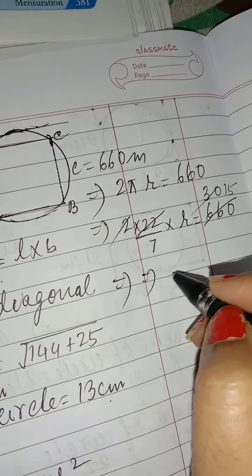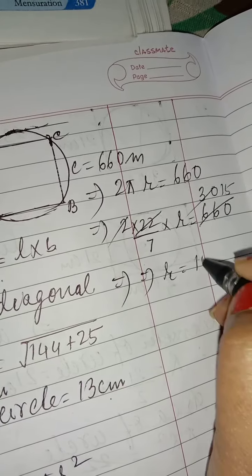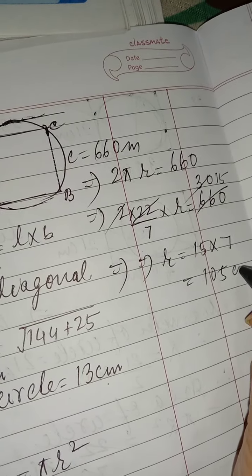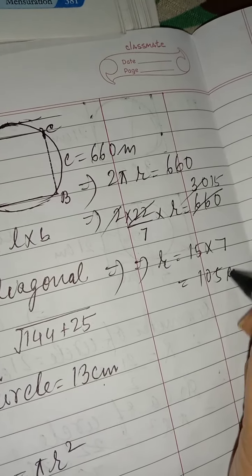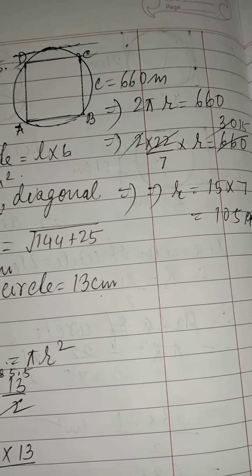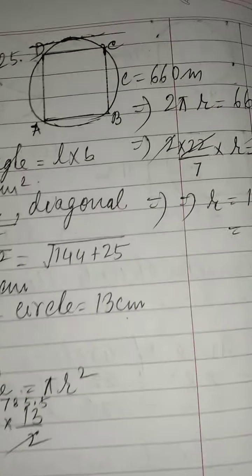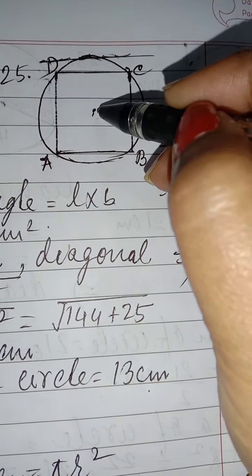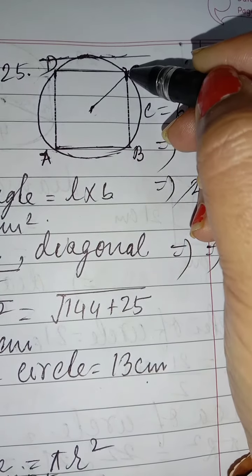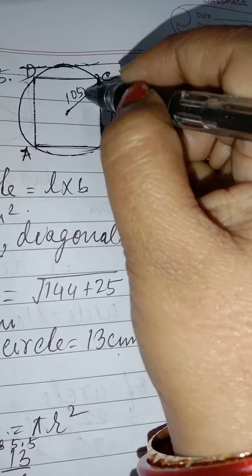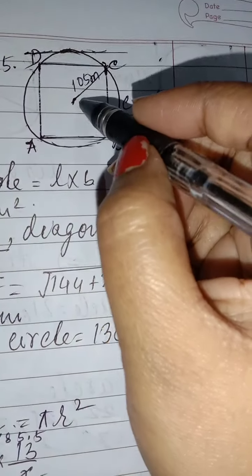So r will be 15 into 7, that is 105 meter. This is the radius of the circle. If I draw a circle here, this is the center, and its radius we got as 105 meter. So what will be the diameter?